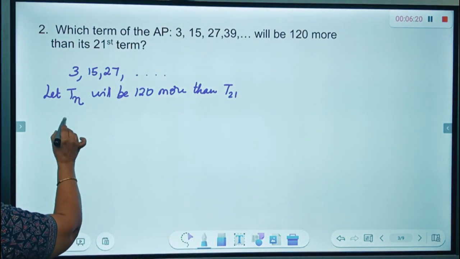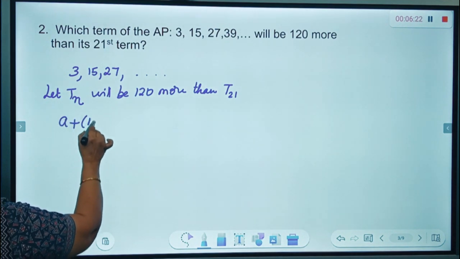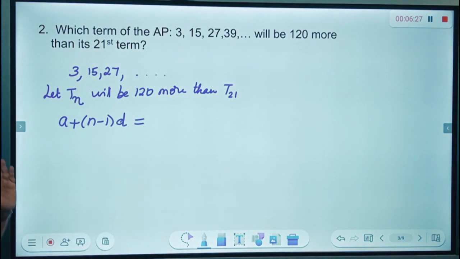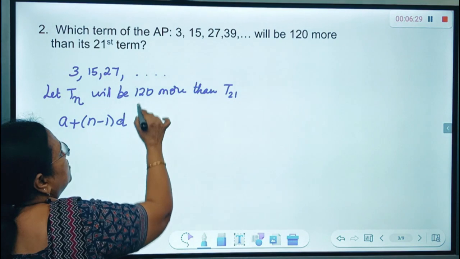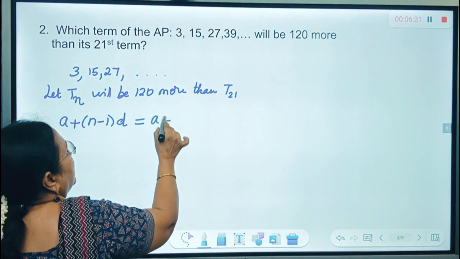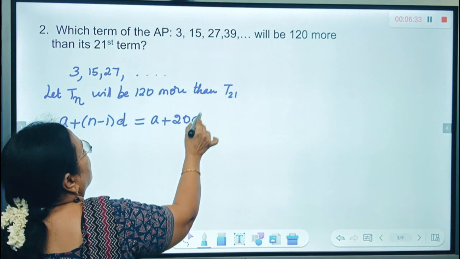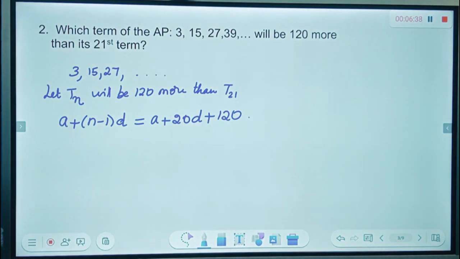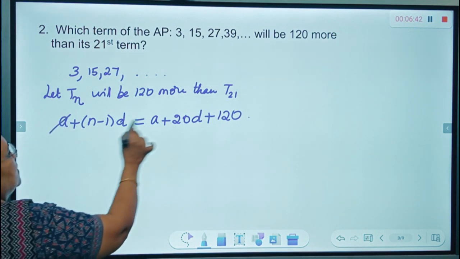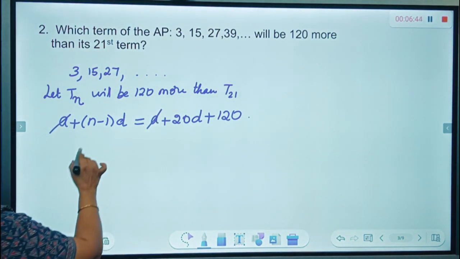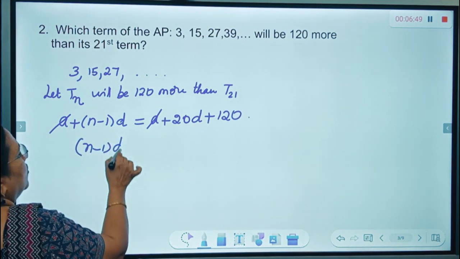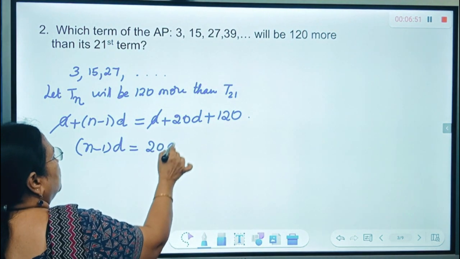That is, Tn is A plus n minus 1 into D. This is 120 more, so it will be T21 plus 120. What is T21? A plus 20D plus 120. Are you able to follow? So A gets cancelled. Now I have n minus 1 D equal to 20D plus 120.